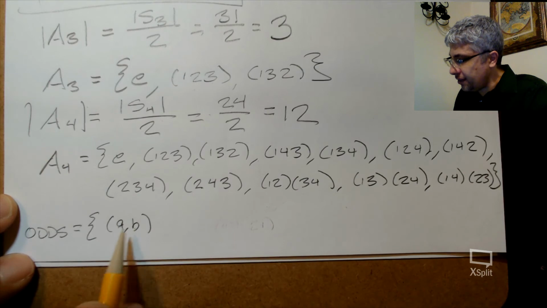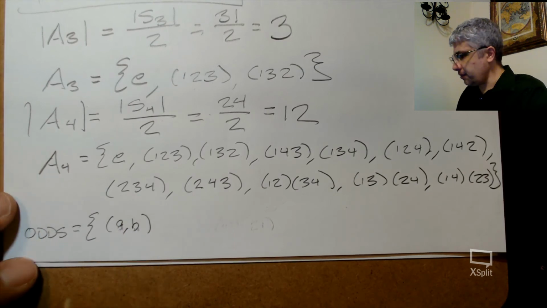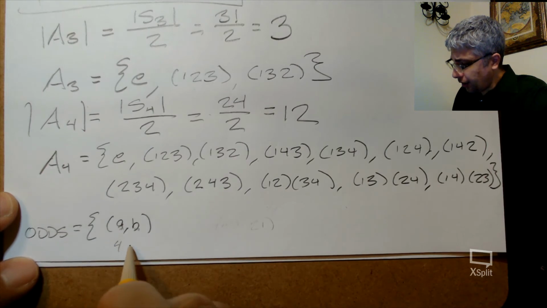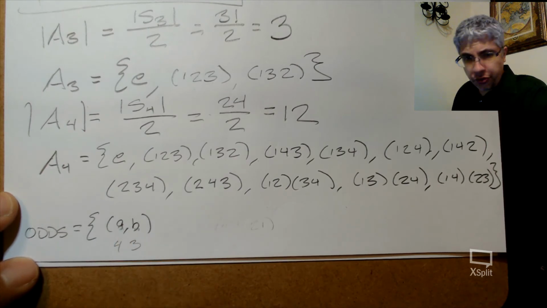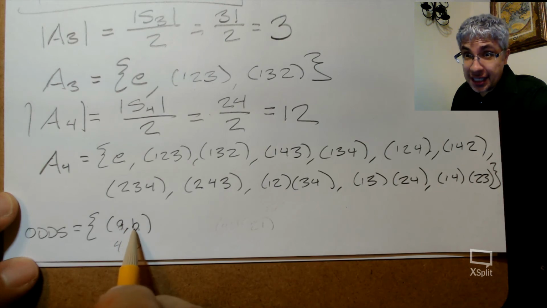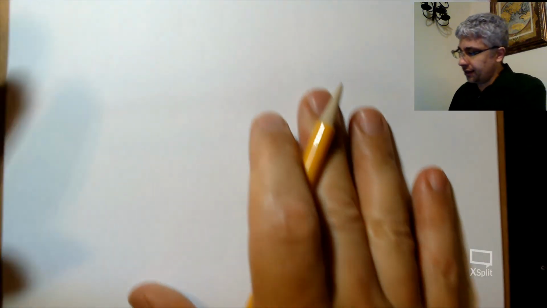So how many of these do we have instead of listing them all? Well, you might say I have 4 choices for that, and 3 choices for that, right? So that would be 12, but it's not going to be 12 because (1 2) and (2 1) are actually the same permutation. Well, maybe we will list them. Maybe that will make things a little easier.